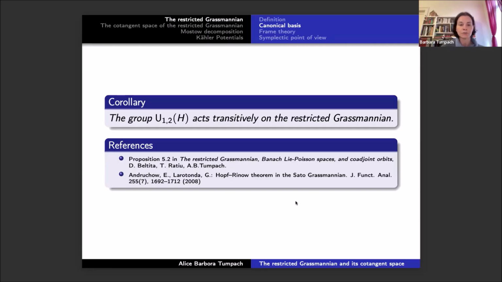I refer here to one proposition in a paper that I have with Daniel Beltita, Tudor Ratiu, and there is another proof by Esteban Andruchow and Gabriel Larotonda. Actually, the first proof uses the Hopf-Rinow theorem, and I refer also to the paper of Esteban and Gabriel for this theorem in this context.